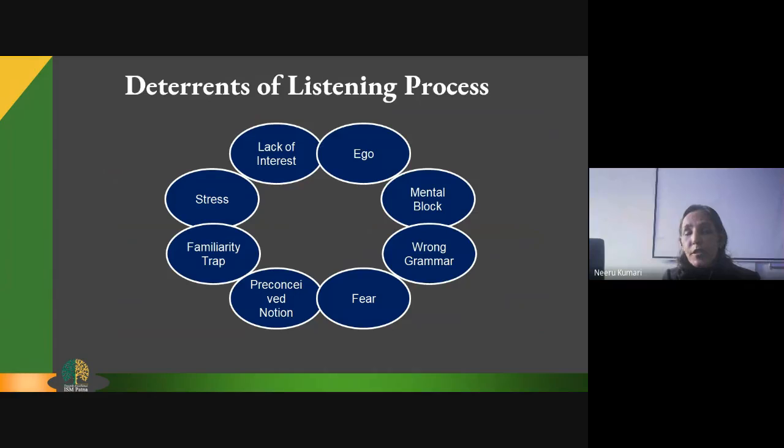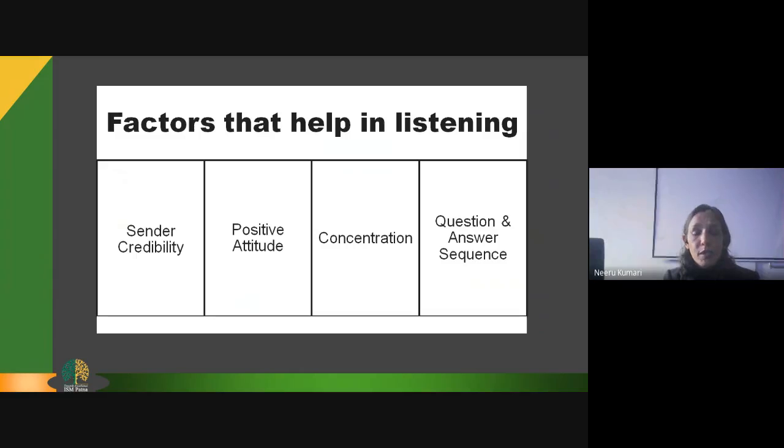Stress. When you are in stress, you cannot listen to people in a proper way. And even if you do not have the level of interest, you cannot listen properly. So overcome these deterrents. These are very important. And how can we overcome these deterrents? First thing is, don't check the credibility of the sender. Have complete faith in the person who's speaking.